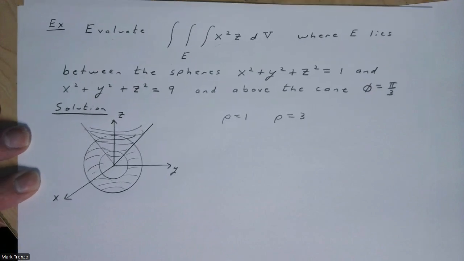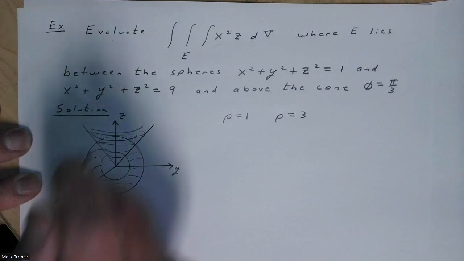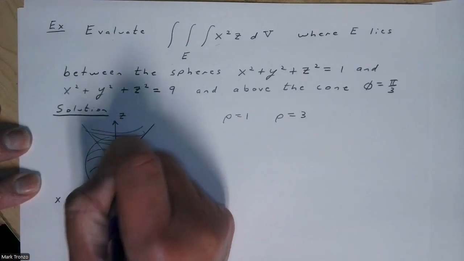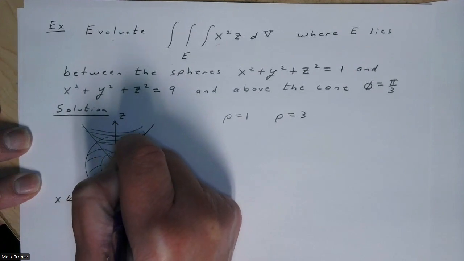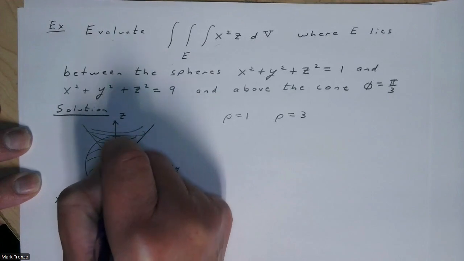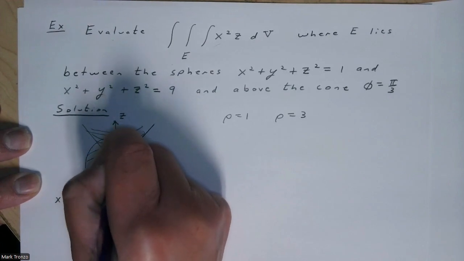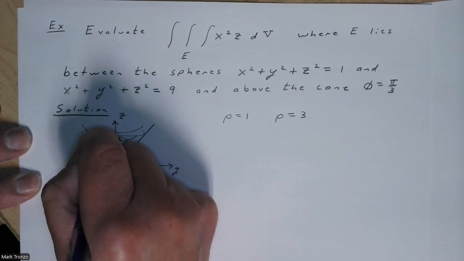So we're going to have to find the bounds on this. If you imagine putting a radius in the positive rho direction, the radii would go like this.